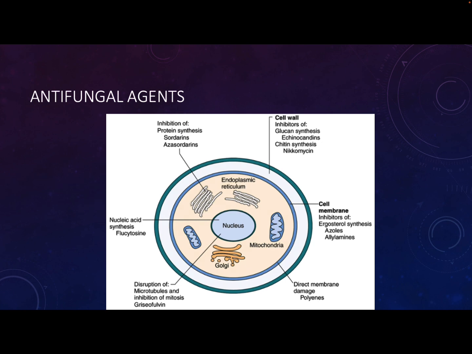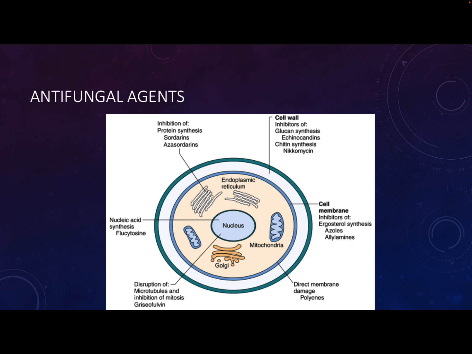The other really common type of antifungal is a class of drugs, or two classes of drugs, that inhibit synthesis of the cell membrane. Or at least part of the cell membrane. So our cell membranes have cholesterol embedded in them. Fungi have a different sterol.